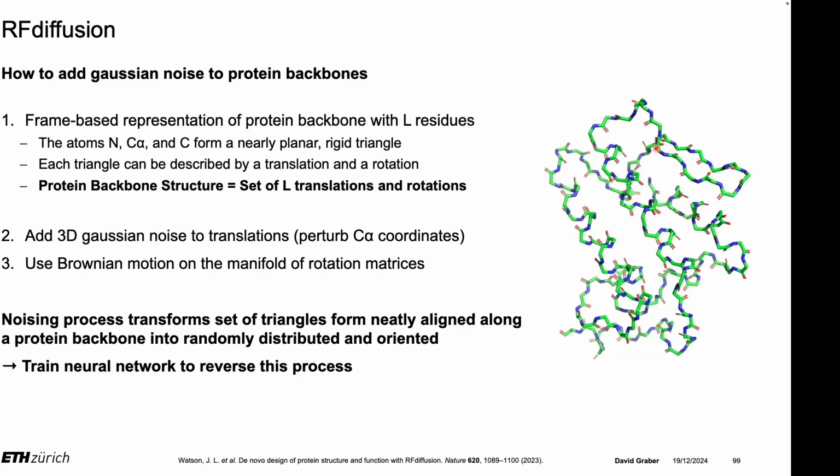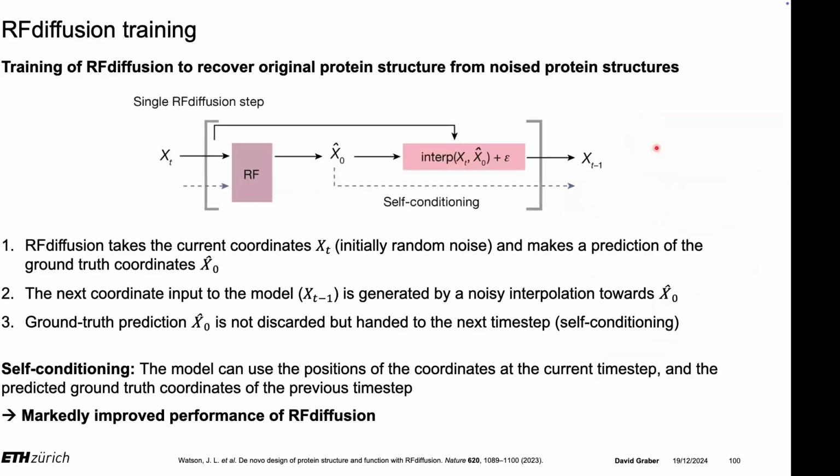Some very interesting aspect about this model is that in this case, in contrast to all the previous diffusion models that we've seen, the neural network is not trained to predict one denoising step. So it is trained in a different way. So this is basically the neural network here.